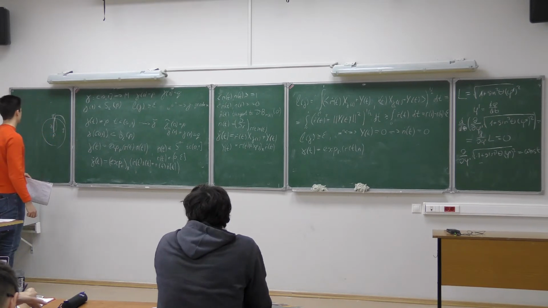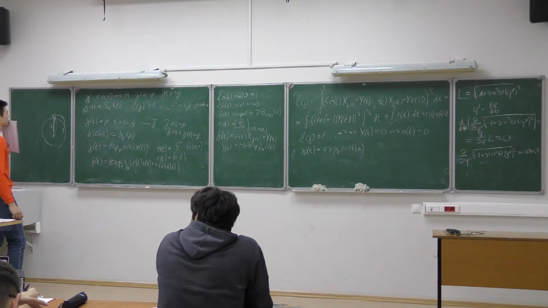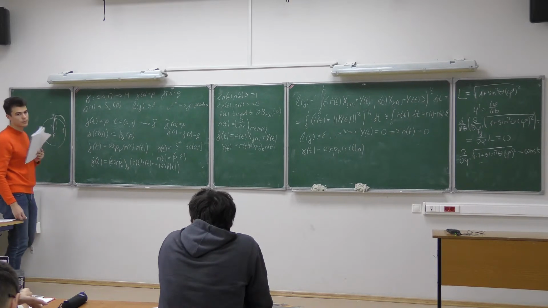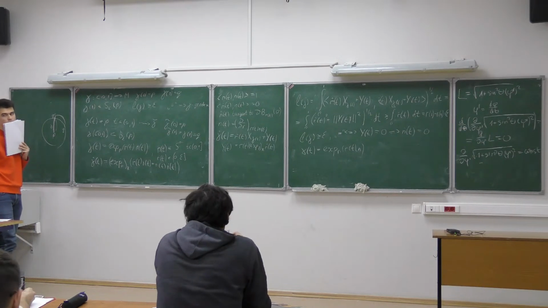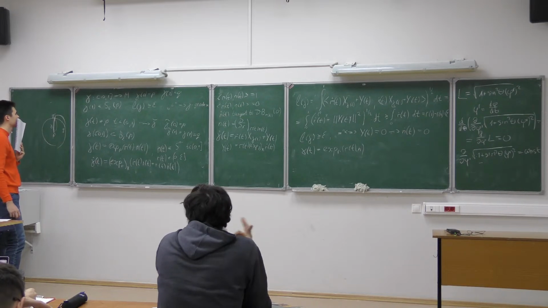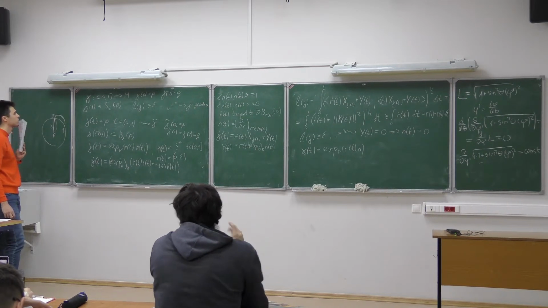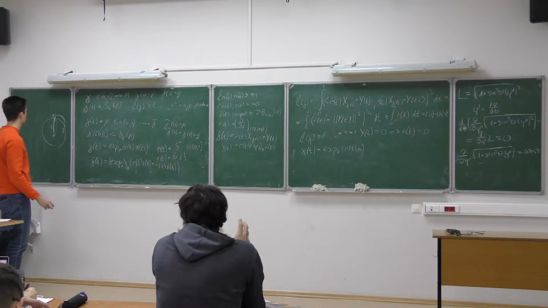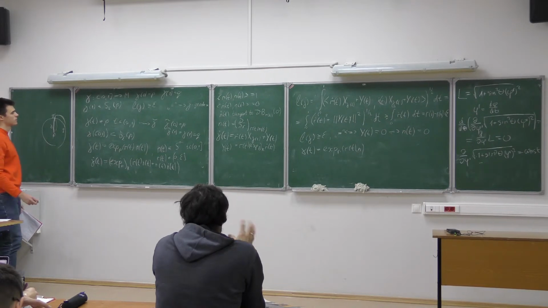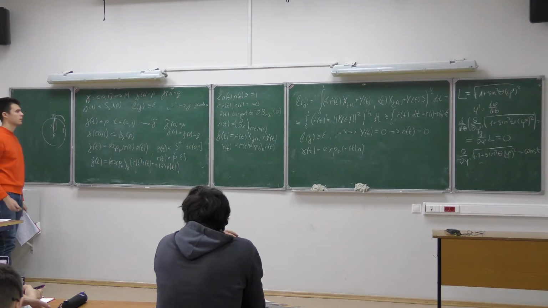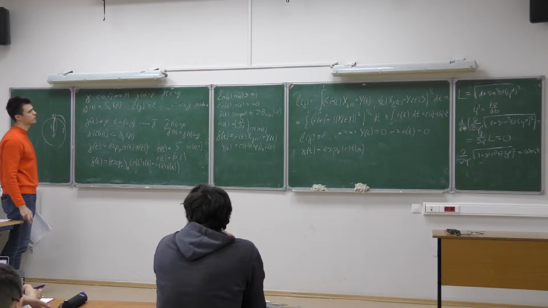So the argument would be to use compactness of this segment, 0, 1. You have a finite number of points, numbers between 0 and 1, such that corresponding normal neighborhoods cover it, and in each you have equality of length on the geodesic, but being geodesic is a local condition.